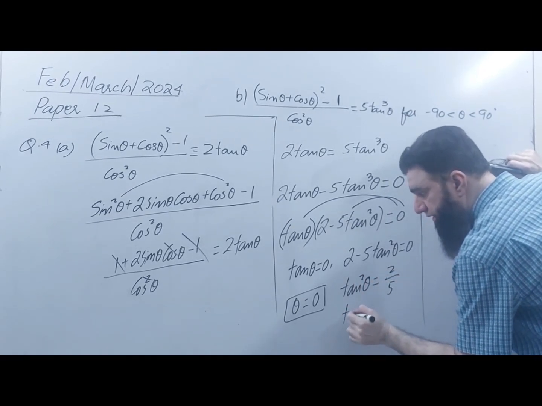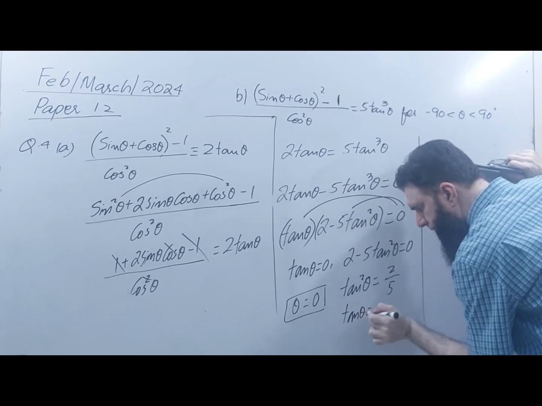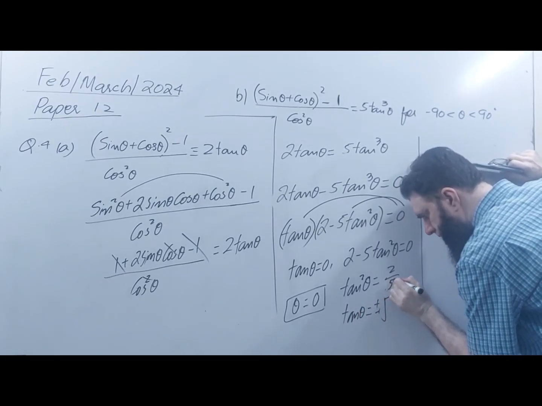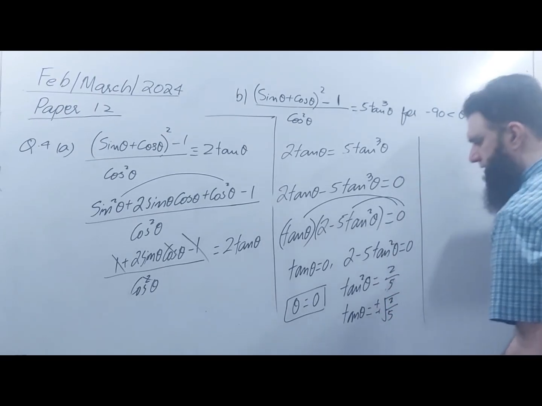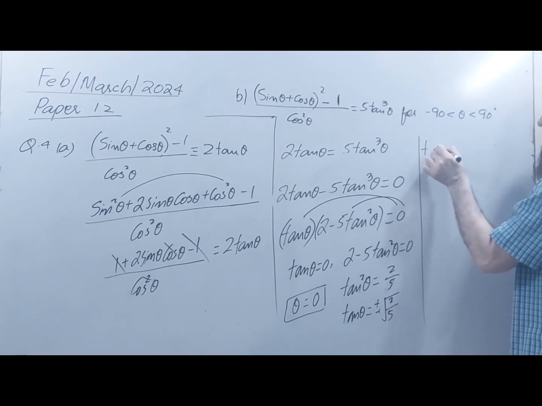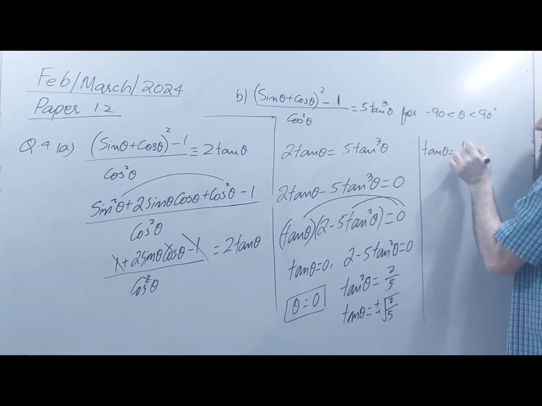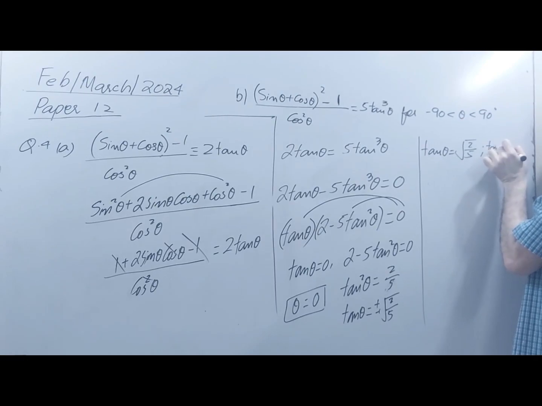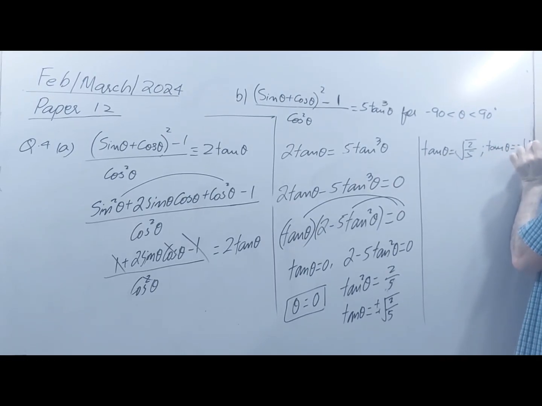So tangent theta is plus minus radical 2 upon 5. So either tangent theta is plus radical 2 upon 5 or tangent theta is equal to minus radical 2 upon 5.